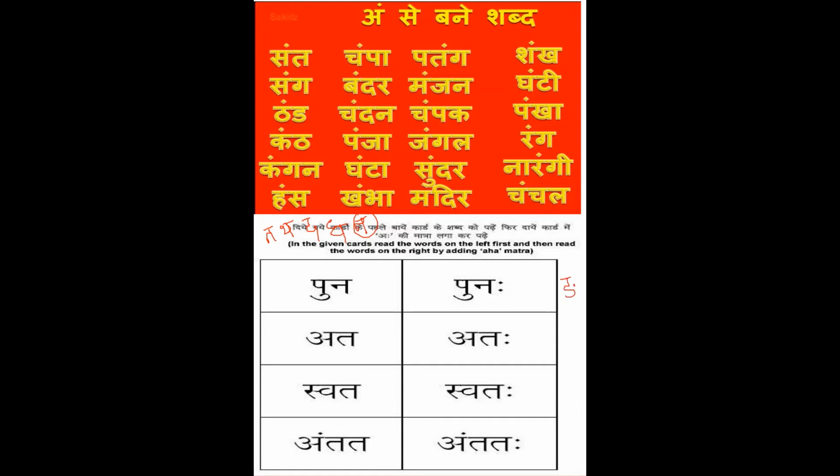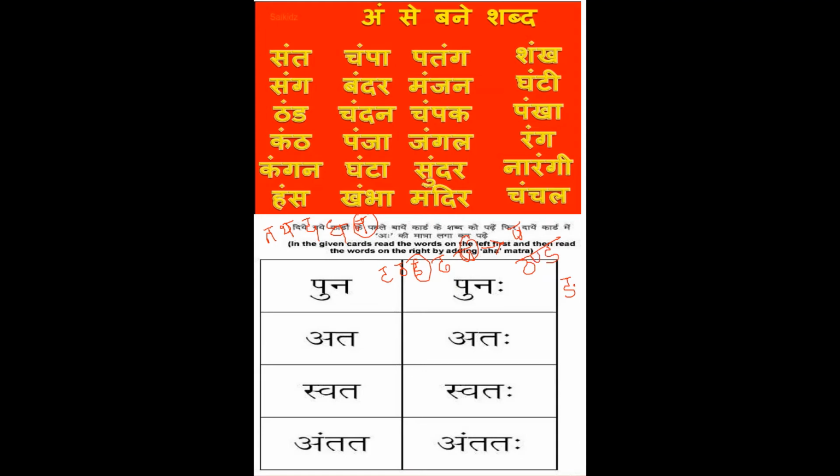So this dot is before da, in the ta varga. What is the last letter? Panchamakshar, na. So this will be read thand. If you remove that dot, you can write half na, like this, thand.